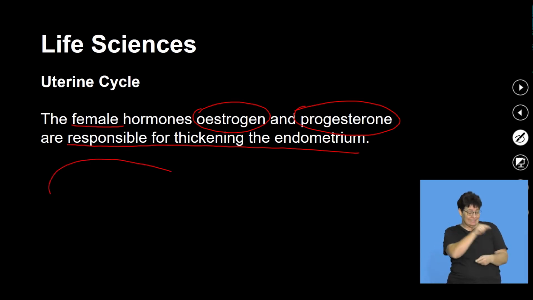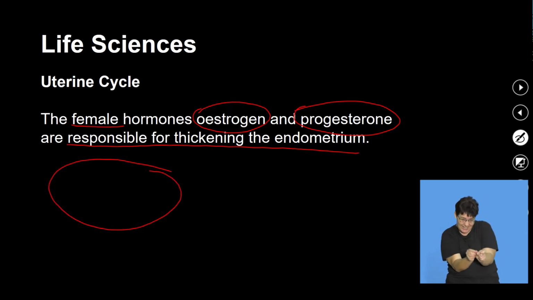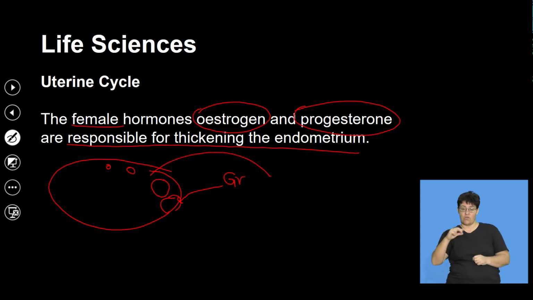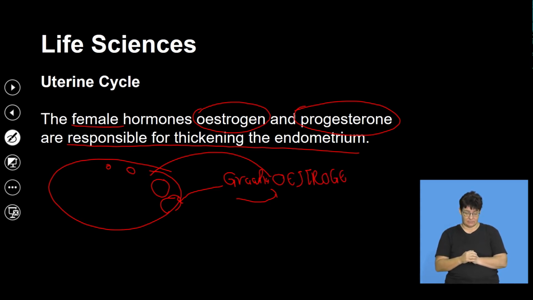So when we looked at the structure of the ovary, we saw that the primary follicle develops and is released. This structure, the Graafian follicle, stimulates the release of estrogen. So the Graafian follicle releases estrogen, and the estrogen is responsible for preparing the lining of the endometrium.